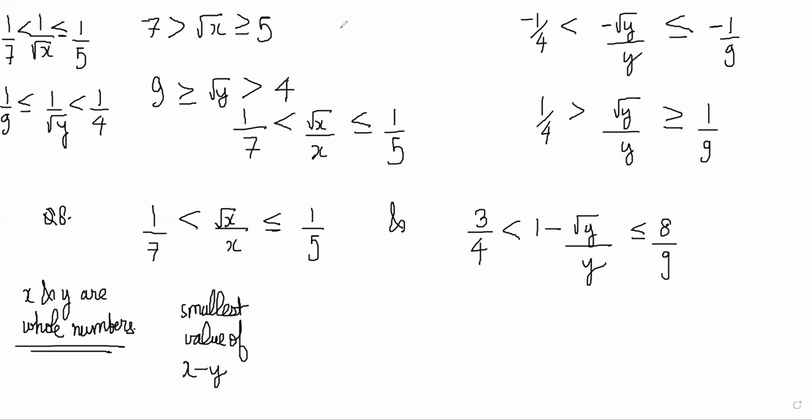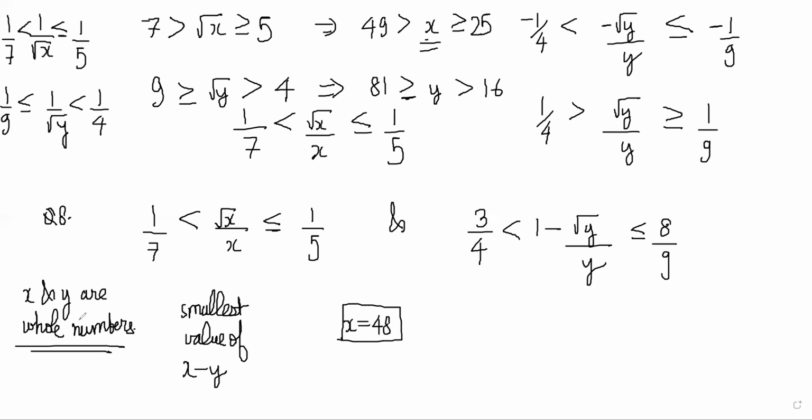And now square it. Now the inequality sign will not change. 49 is greater than x is greater than or equal to 25, and on this side 81 is greater than or equal to y is greater than 16. So the greatest possible value of x can be 48, the largest whole number. It cannot be 49. But we should take the smallest value of x and the largest value of y, so that the difference is as negative as possible.